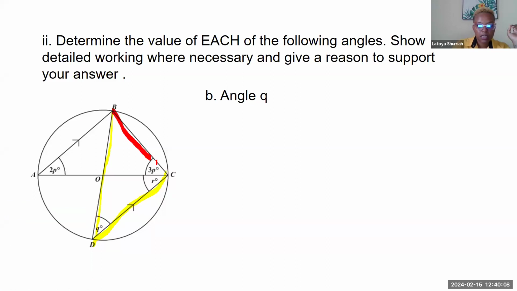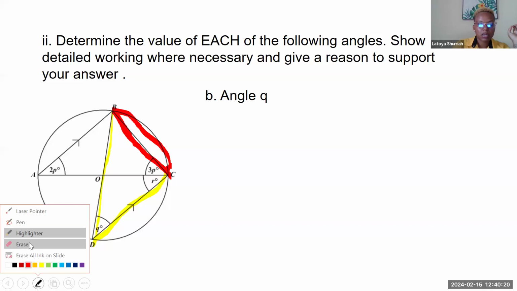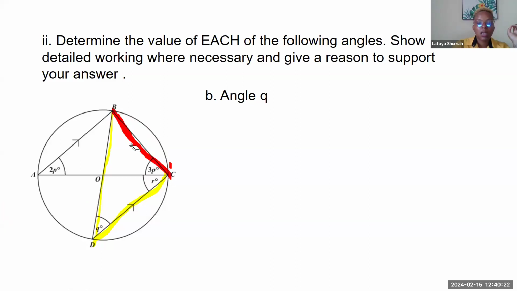Here it is, arc BC. Whether you say arc or chord, either one works. So angle Q is coming from the chord or arc BC.